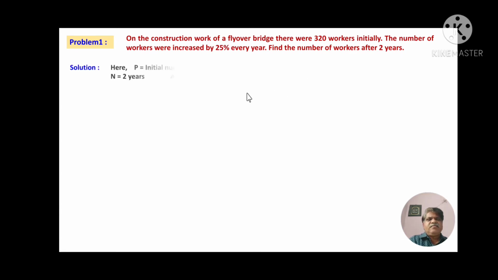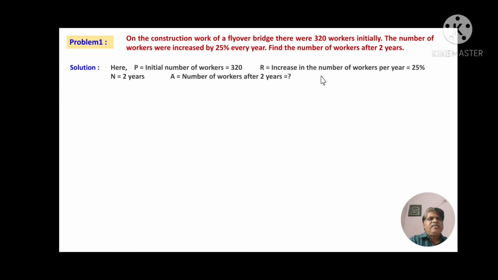Here P is the initial number of workers, which is 320. R is the increase in the number of workers per year, 25%. N is equal to 2 years, and A, which we have to calculate, is the number of workers after 2 years. We know that A is equal to P into bracket 1 plus R by 100 raised to N. This is the formula for finding the amount.